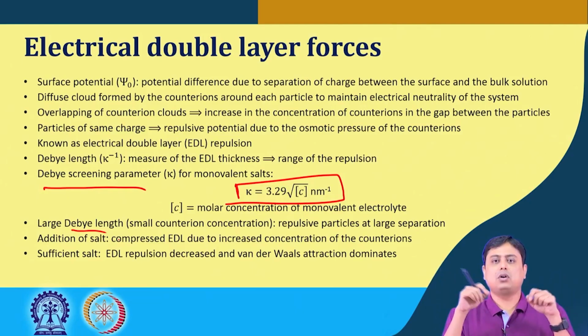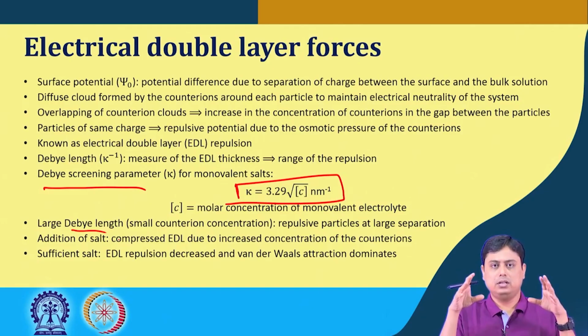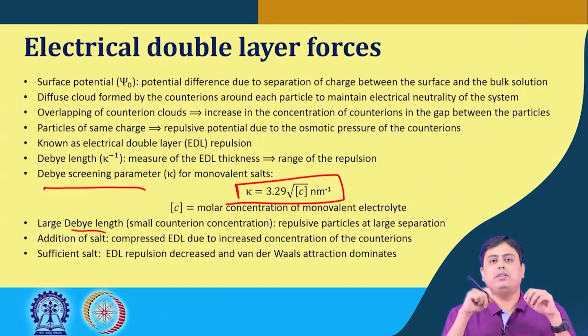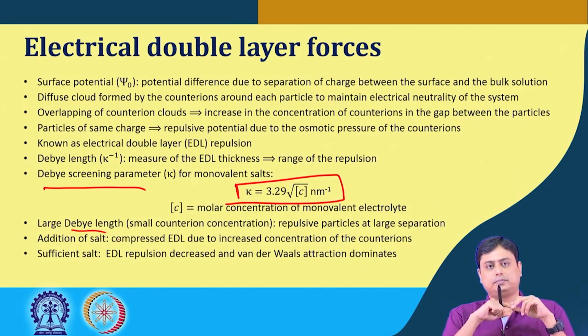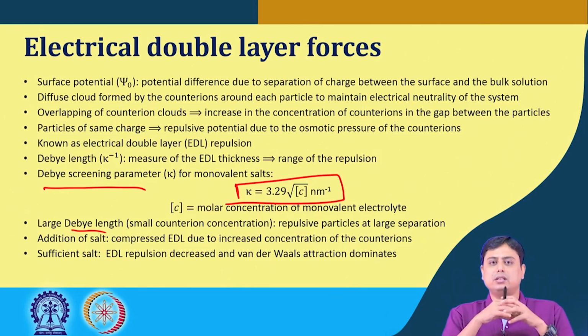Once we add some salt, the double layer thickness is compressed, because now we have increased the concentration of the counter ions. Now if we add a sufficient amount of salt, this double layer repulsion decreases and the van der Waals attraction again dominates.